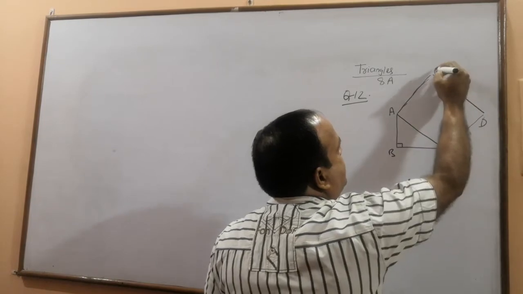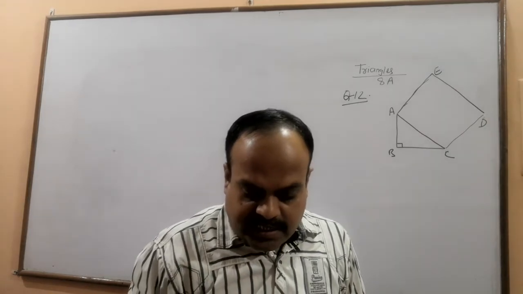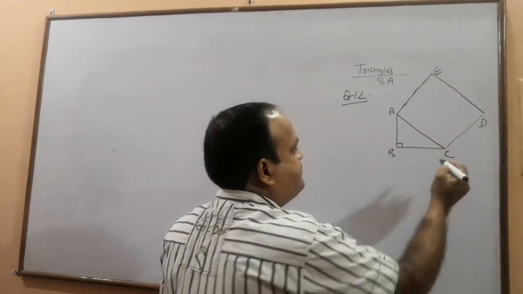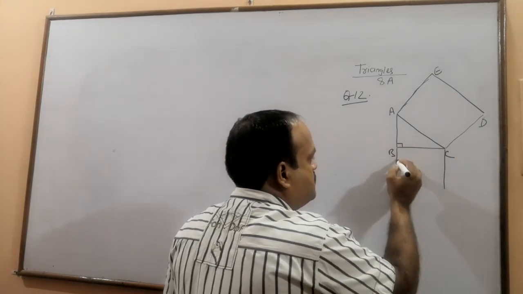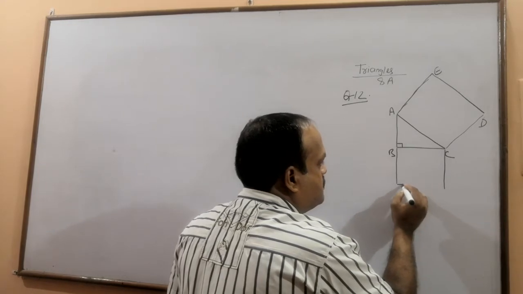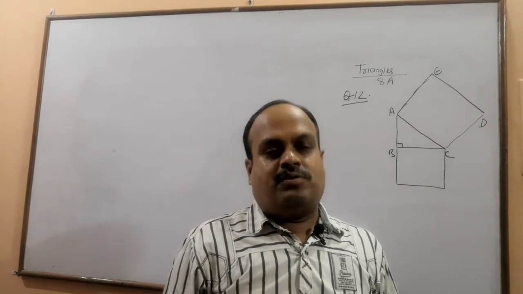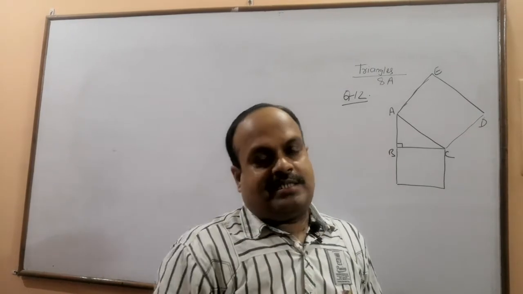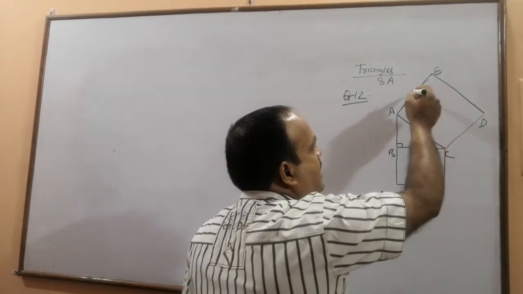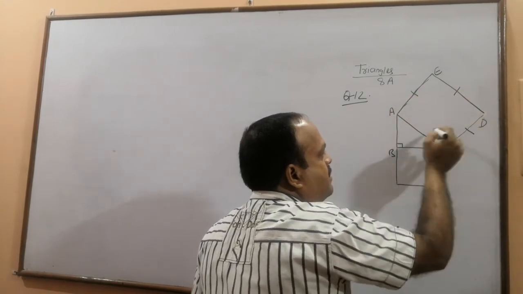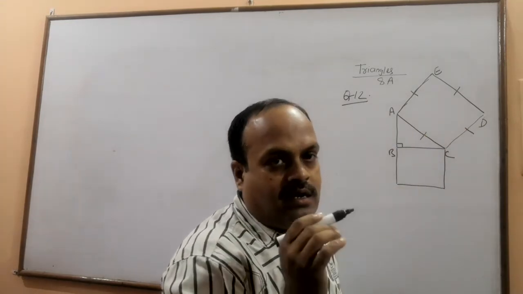ACDE and BCGF are squares. I hope you all know that in square all sides are equal and each angle is 90 degree. I mean AE, ED, CD, AC all are equal.